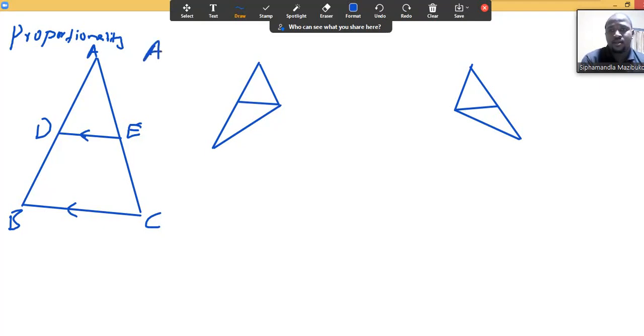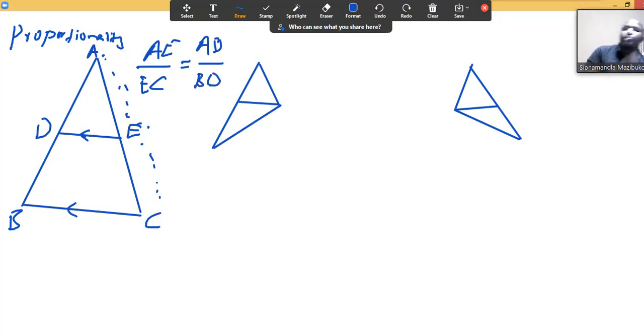A to E, so from this A to E, if we divide A to E by E to C, we should get the same as AD all over BD.